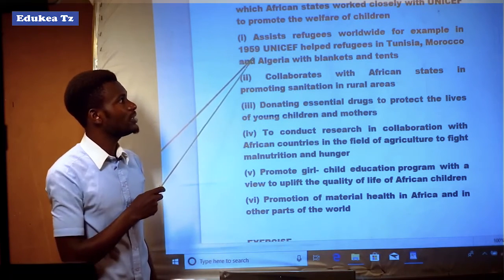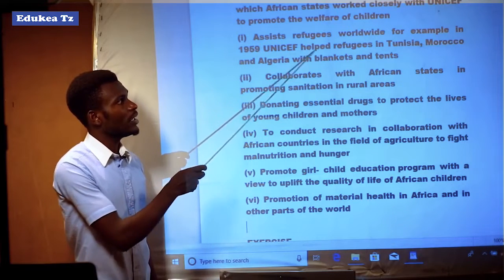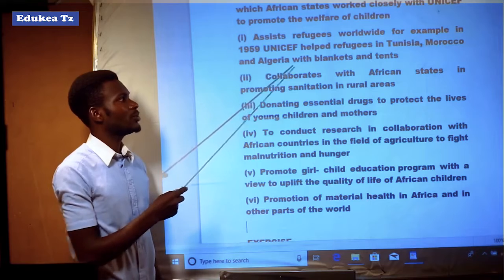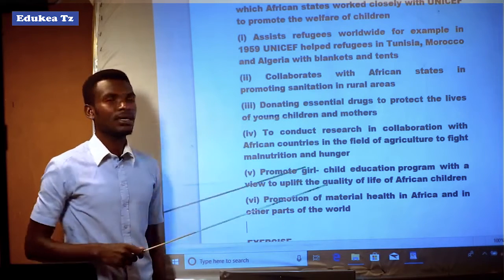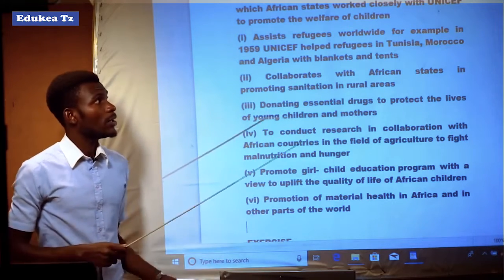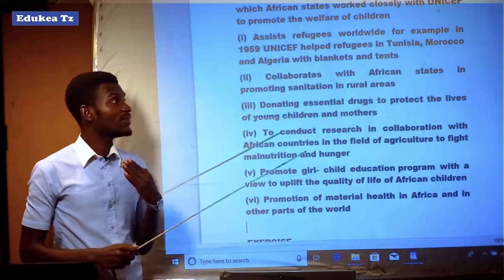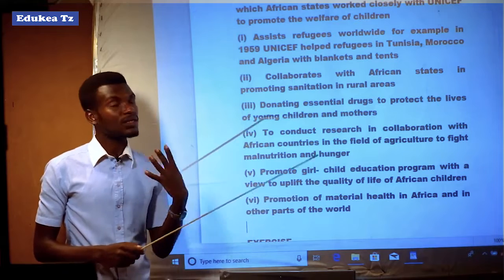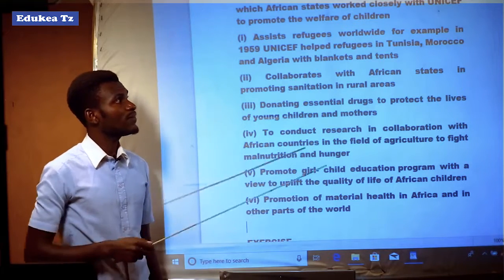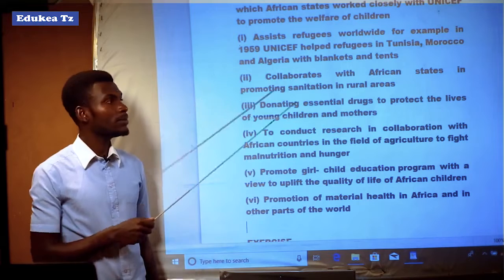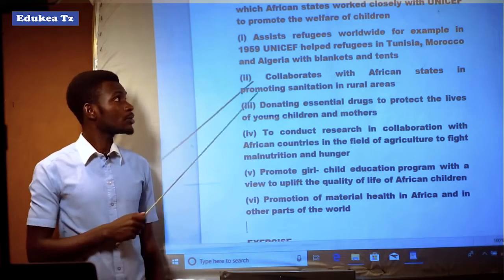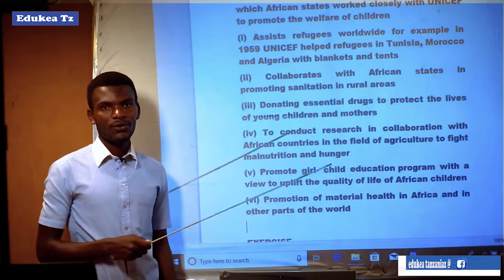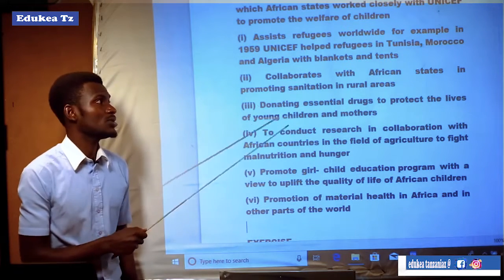For example, in 1959, UNICEF helped the refugees in Tunisia, Morocco, and Algeria with blankets and tents. These refugees mostly have children, so UNICEF helped by providing blankets and tents.